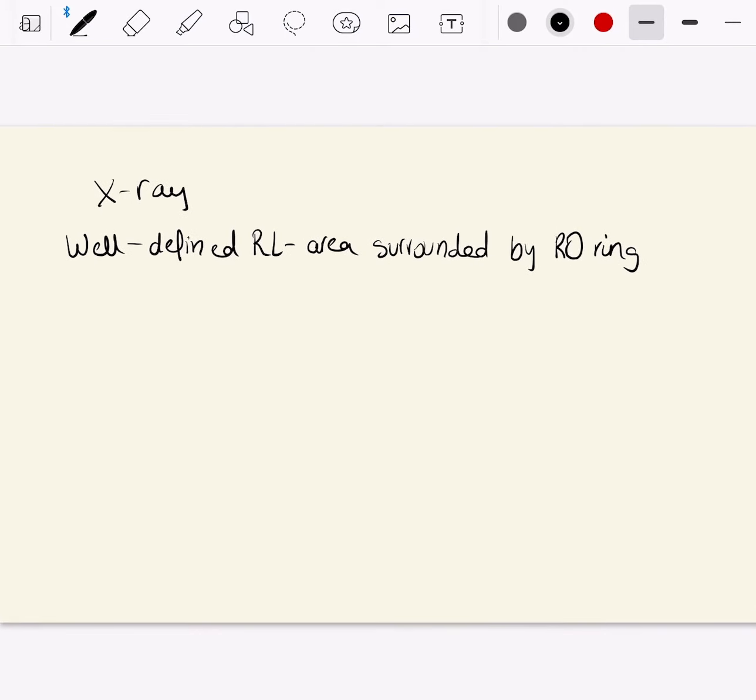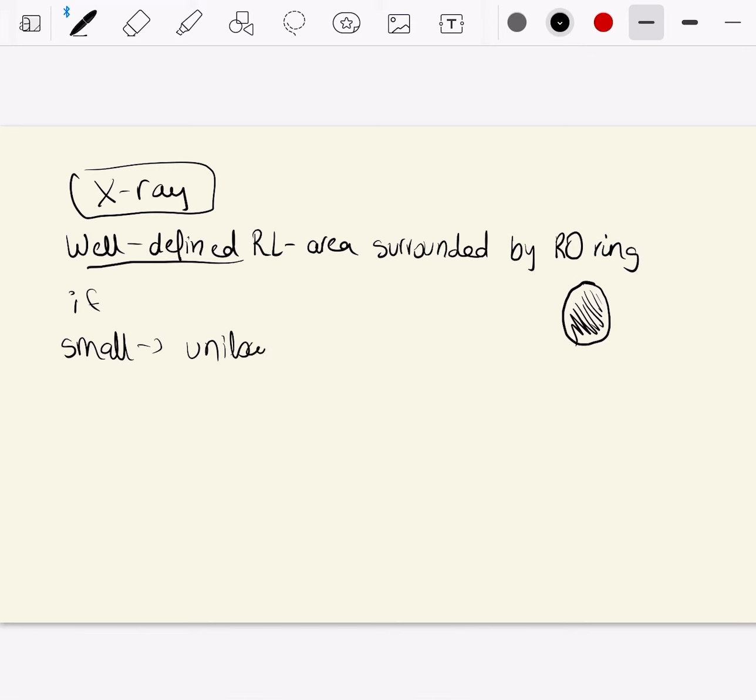Okay, so we have here, this has to be white, okay, and then this is the radiolucent area, and it's well defined. If it is small, then it is called unilocular. If it is large, it is called multilocular.